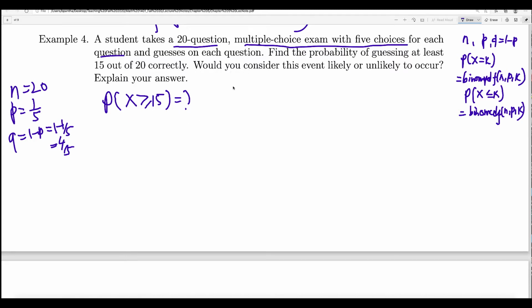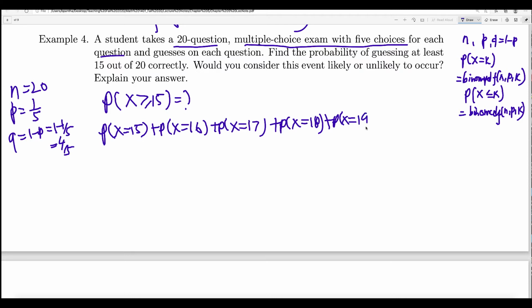One way is to do P(x=15) plus P(x=16) plus P(x=17) plus P(x=18) plus P(x=19) plus P(x=20), and use the binomial PDF for each of those. binomPDF(20, 0.2, 15), because 1/5 is 0.2, right? Then binomPDF(20, 0.2, 16), binomPDF(20, 0.2, 17), and so on. That is one way.